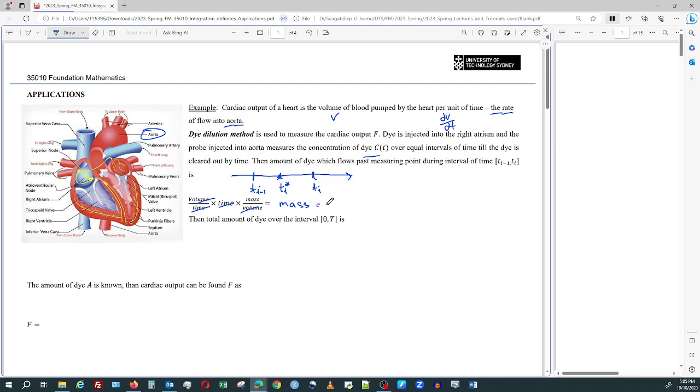And that is the flow, the amount of output, F, multiplied by the interval, times the concentration of the dye at the also represented intervals, and that represents our Ai.